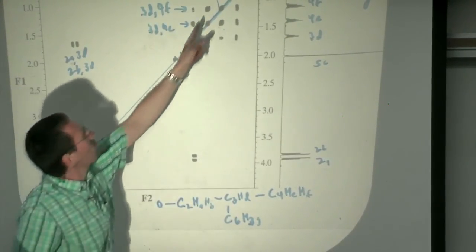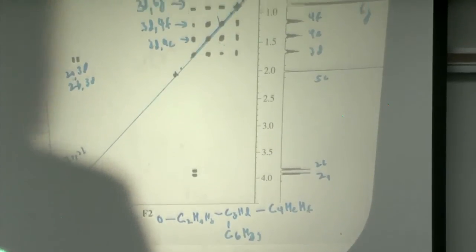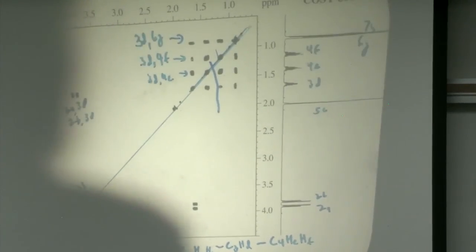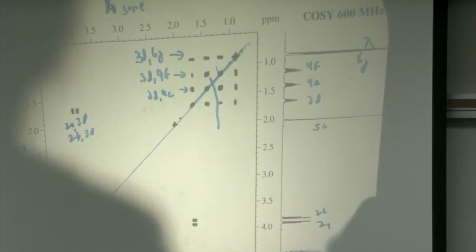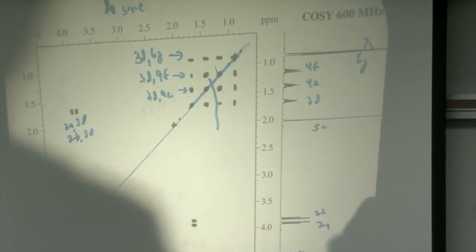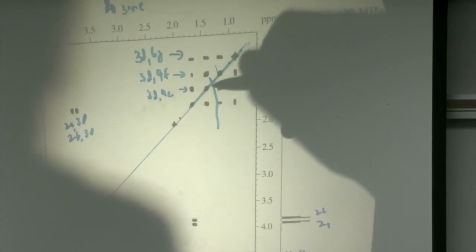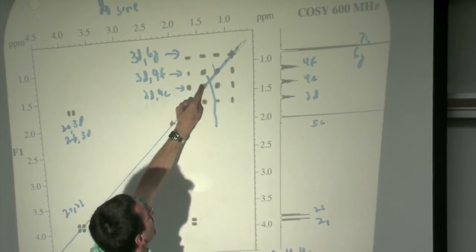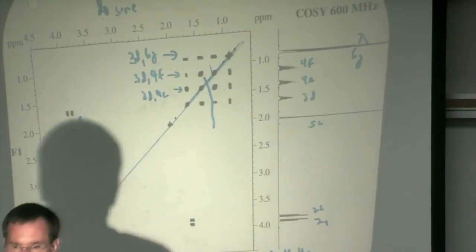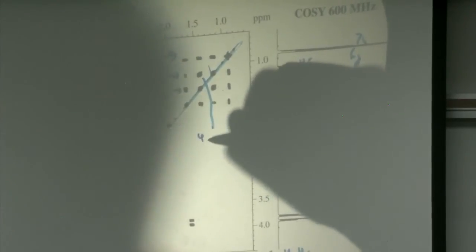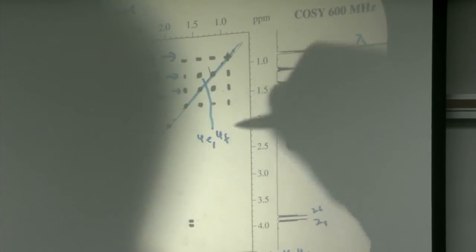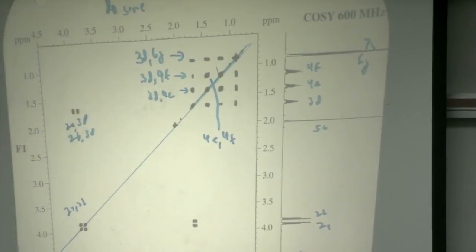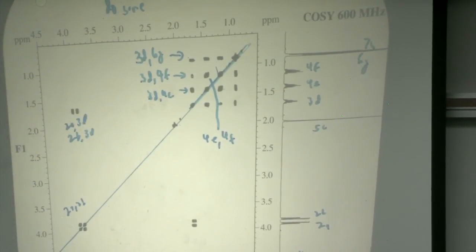All right, I have this cross peak here. Does that tell me anything useful? What's that cross peak? So I go over. Normally I'd go over and up, but it's 4E cross 4F. Well, that's fine and dandy, but it isn't telling me anything useful. 4E cross 4F, that's just the diastereotopic one.